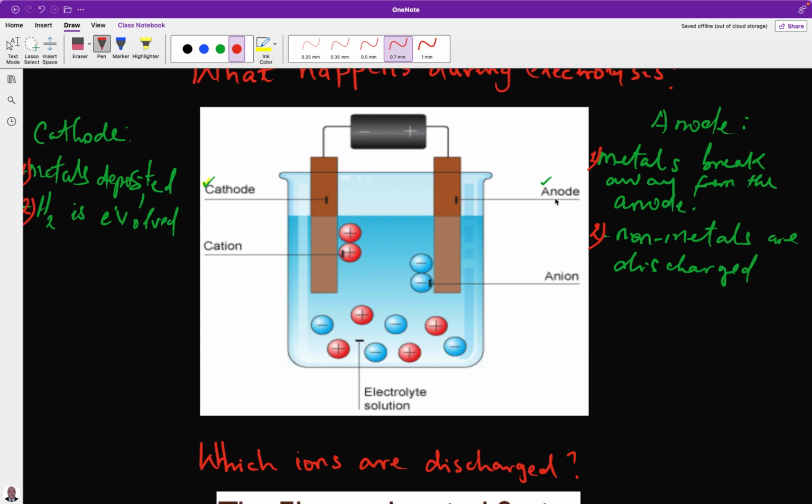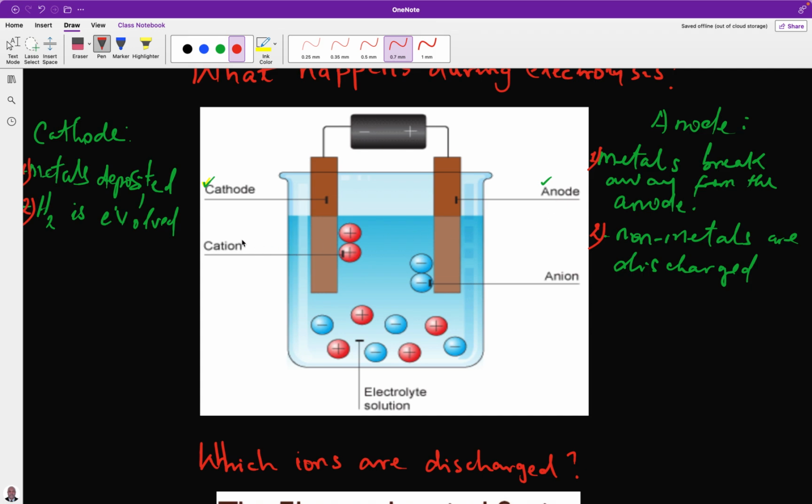At the anode, know that the anions go to the anode. The anions at the anode will undergo oxidation. They will lose electrons, thereby undergoing oxidation.